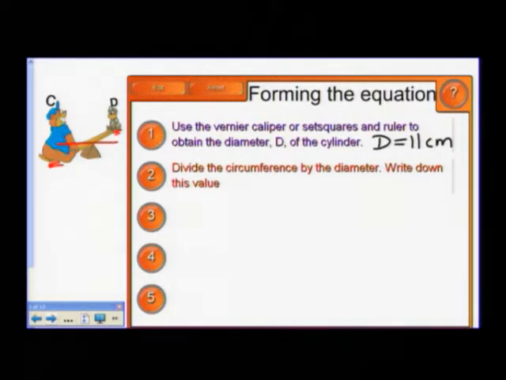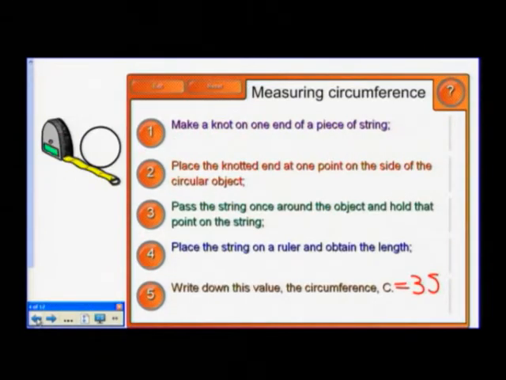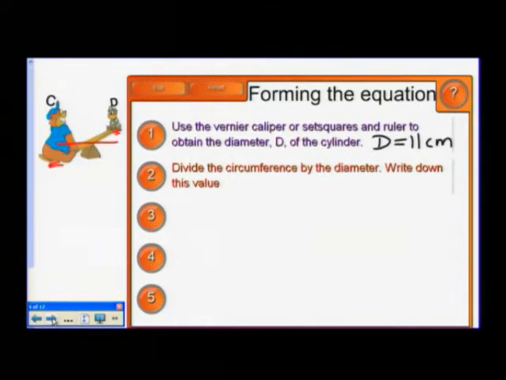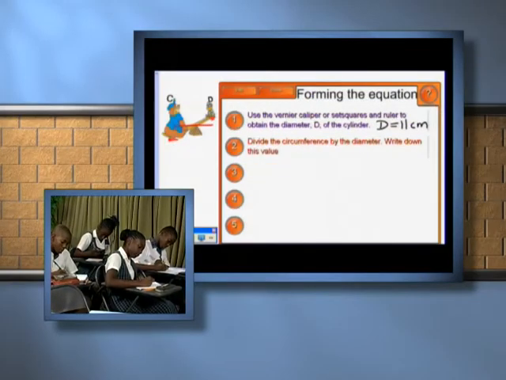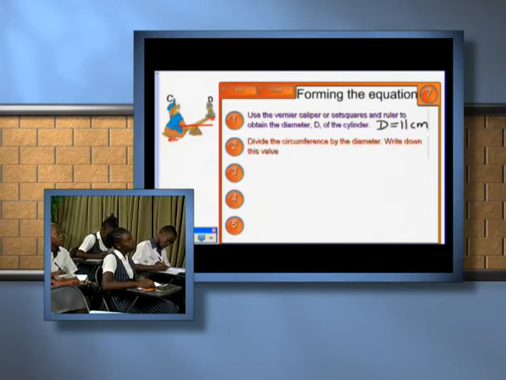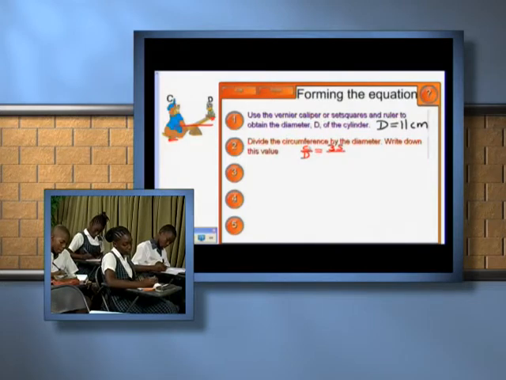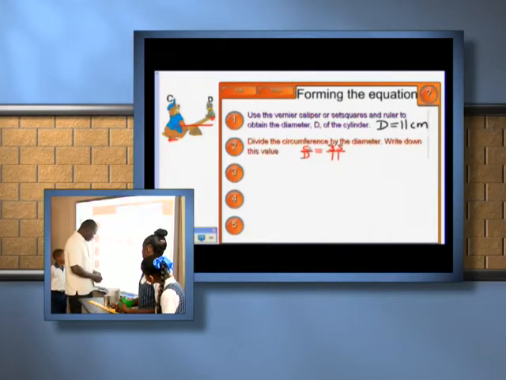Let us go back and see what is the value for the circumference. We already had it as 35 centimeters. And now we have our diameter as 11 centimeters. So dividing the two, let us see what we have. We have circumference divided by the diameter will be 35 divided by 11.